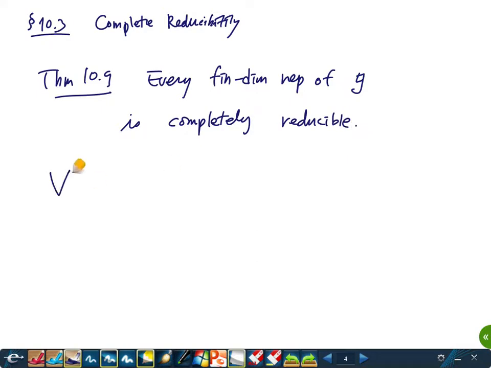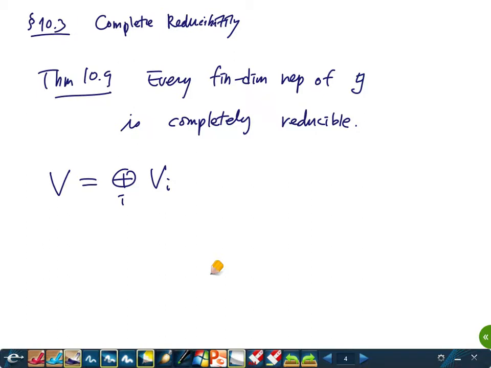If V is a finite dimensional representation, you can write it as a direct sum of irreducible representations. Okay? That is what complete reducibility means. So for semi-simple Lie algebras, it's completely reducible, so it's nice. And again, this Casimir element is used to prove this theorem. So we will just accept this and the previous theorem.